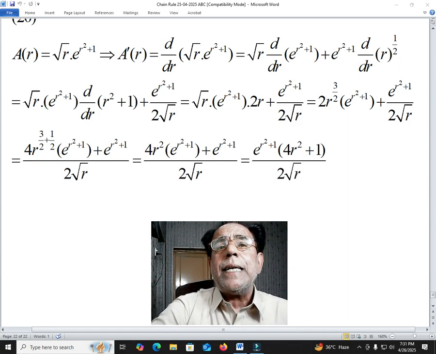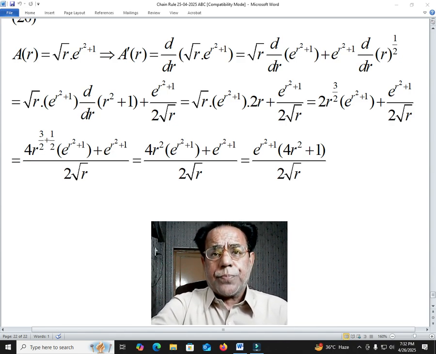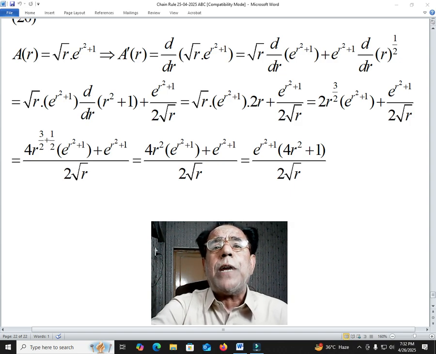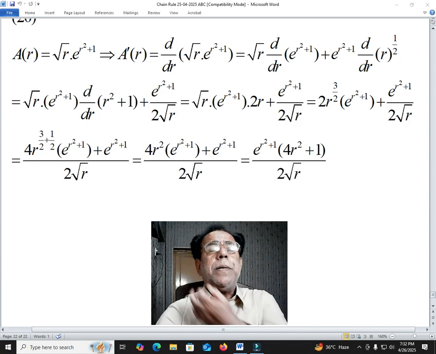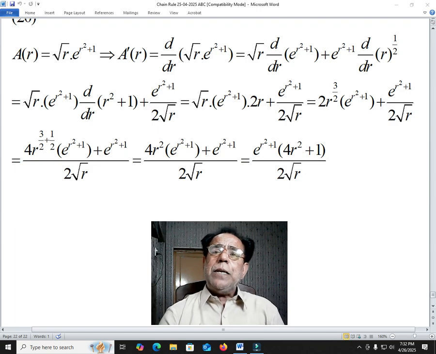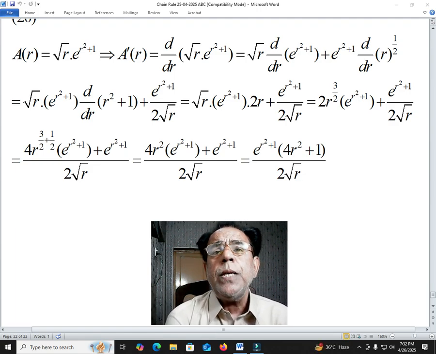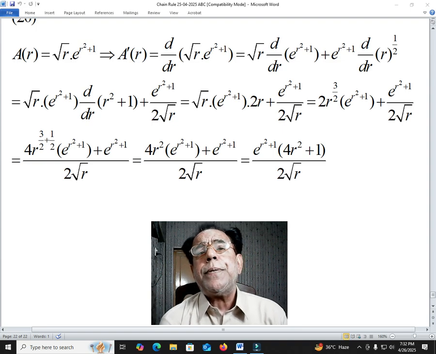Similarly, in the second part, differentiation of square root of r, that is r raised to the power 1/2 with respect to r, will become 1/2, where the power is written as a multiplying factor, and 1 is subtracted from the power. So when 1 is subtracted from half, it will become minus half.